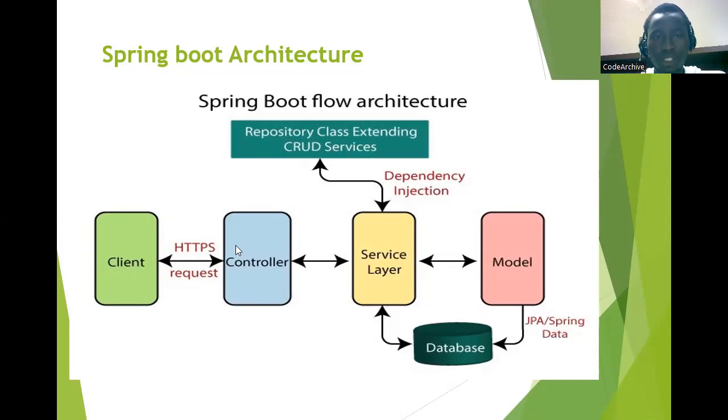So whenever we are implementing our Spring Boot application, we must implement a controller which has the endpoints. We must implement a service layer which has the business logic, and we must implement the model which defines all our data models and data entities. And then we must set up the database where we are going to store our data.